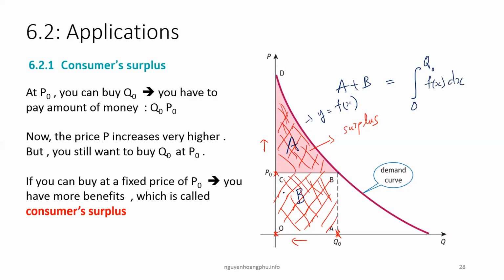You see here, A plus B will be the definite integration from 0 to Q0 of f(x) dx.